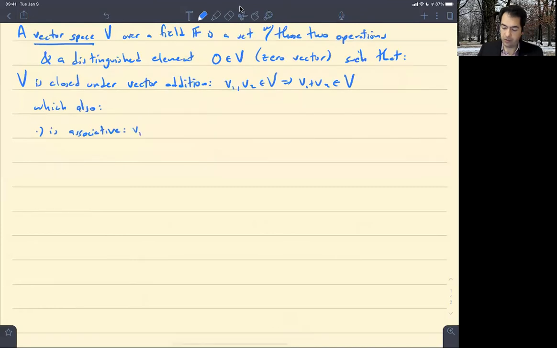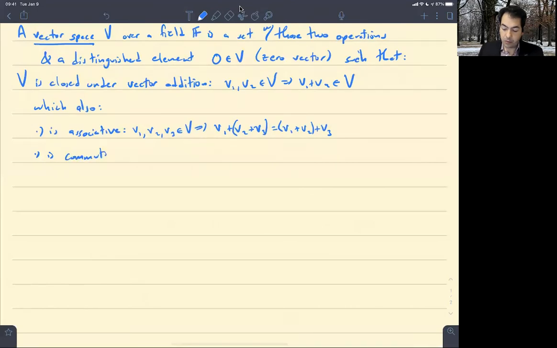So remember, this means that if I give you 3 vectors and you want to form the sum of all 3, you could go about this in 2 ways and you're going to get the same answer. You could first sum v2, v3, and then add v1 to that on the left, or you could first sum v1, v2, and then add that on the left, v3.